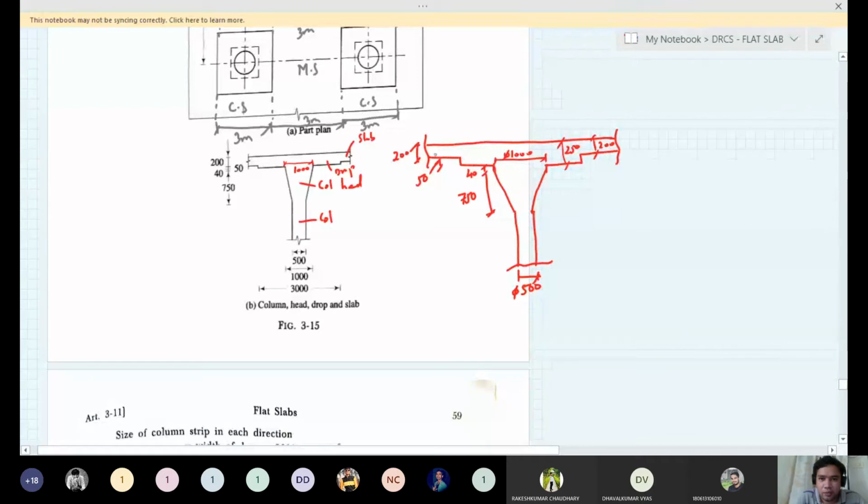So we provide the reinforcement at this layer only. The positive reinforcement in the slab will continue in the column strip also, so we cannot take advantage of the additional depth here. That is why we take this as 200 mm thickness, whereas the top reinforcement is provided like this.